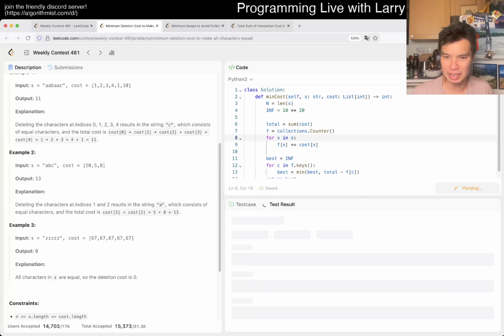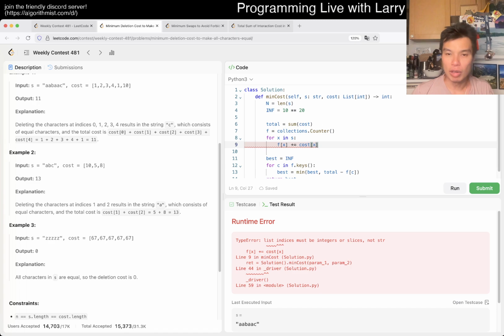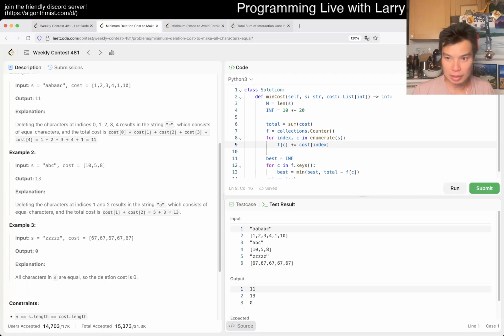I usually write C and S for consistency, but this is by character. But luckily, nothing has to change that much. Let's actually be more consistent with past Larry, so that these things are more precise. Okay, 11, 13, 0.